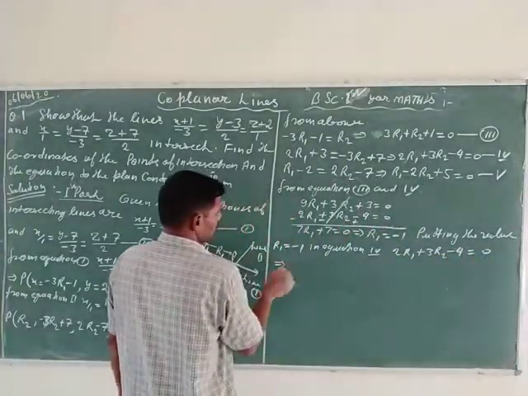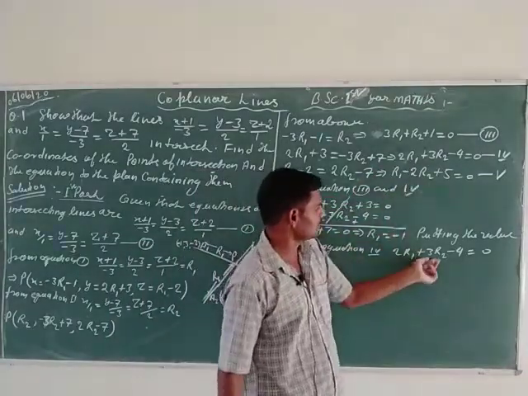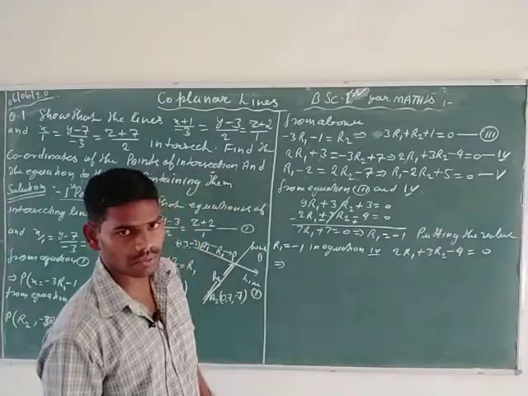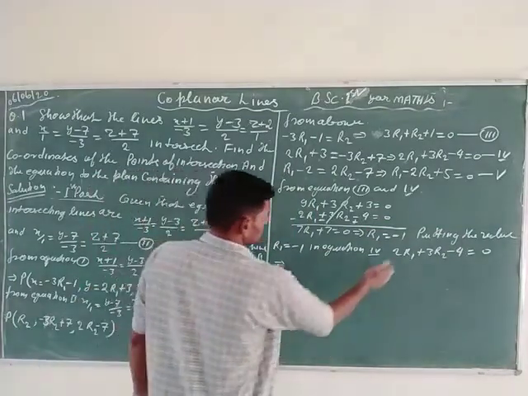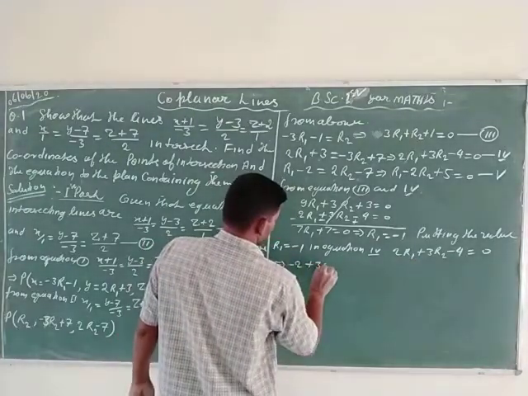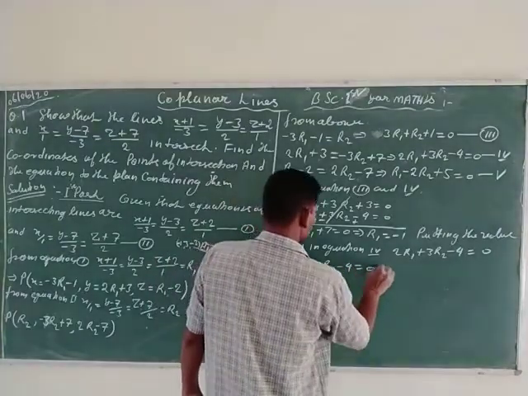It implies that putting the value of R1 here, 2 into minus 1, minus 2, plus 3R2 minus 4 is equal to 0.